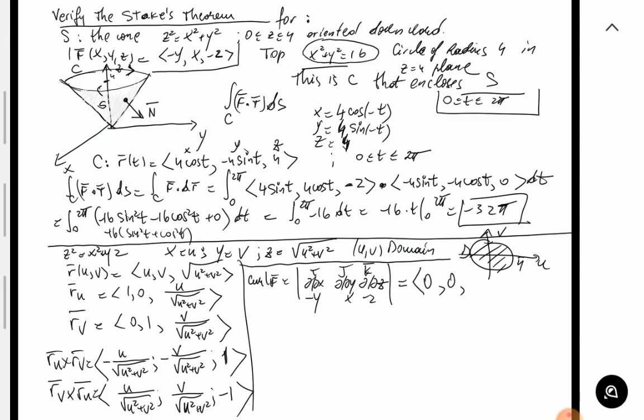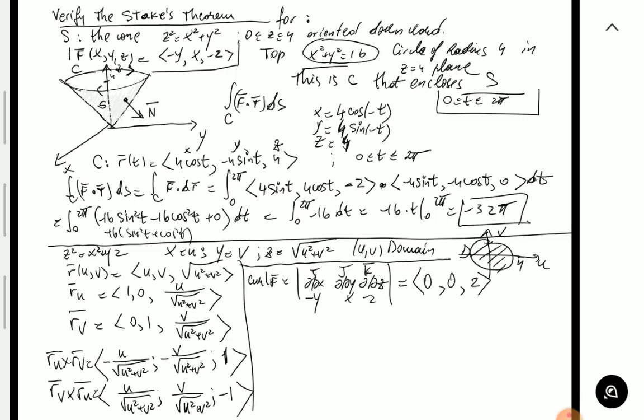And then partial x of x is 1 minus partial y of negative y, which is negative 1. So 1 minus negative 1 is 2. So the curl actually is also easy to integrate. I mean, you see, it's kind of a wash here. Both integrals are, well, we'll see. It's slightly more difficult or longer via the surface integral here, mostly because of the preparation. But the integral won't be terrible either, especially in polar coordinates.